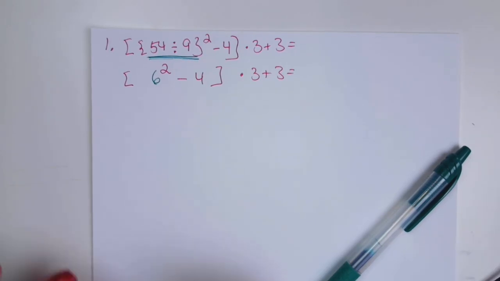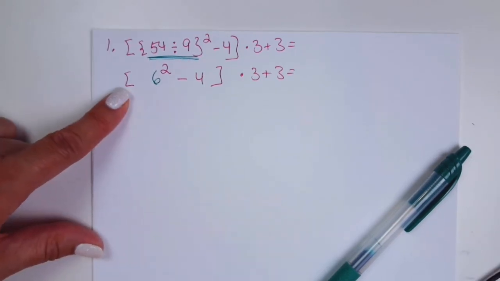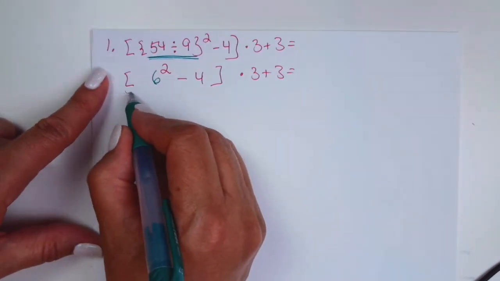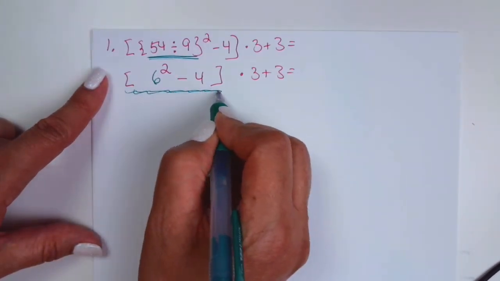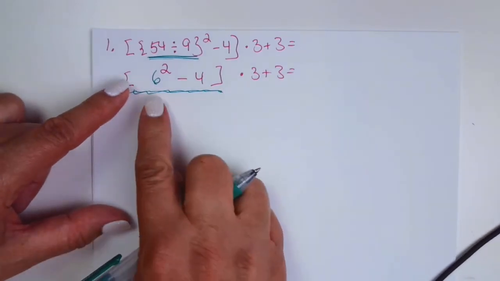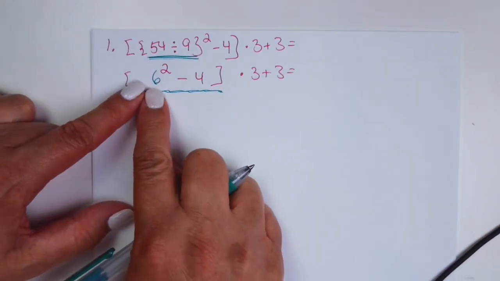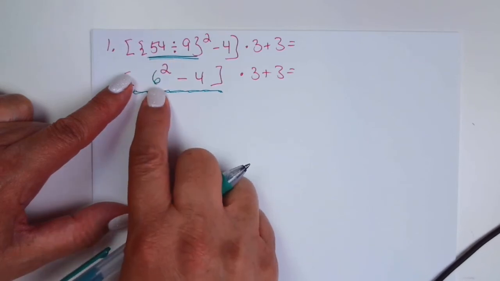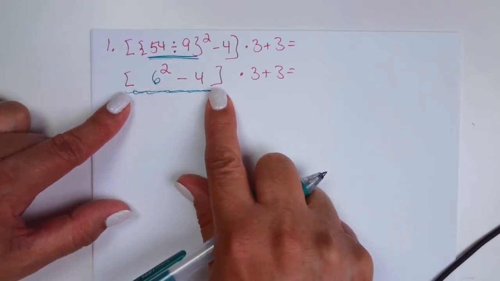Next, we still have the brackets, which are our parentheses. So we're going to have to work on getting rid of those brackets. But here we have an exponent inside. So of course we're going to do the exponent first because it's inside the brackets.